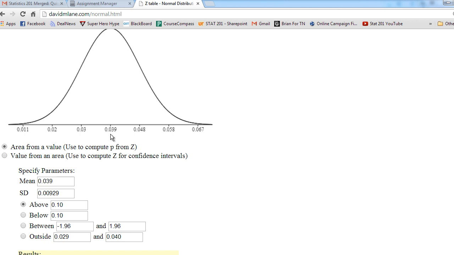So if twins only occur 3.9% of the time, and we think about maybe for very young mothers, what would we expect to see if for most mothers it's 3.9% of the time? We'd expect for very young mothers for it also to be 3.9% of the time. Now, of course, this has a very small standard deviation because we're looking at a large sample size.